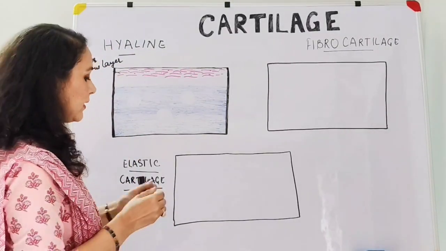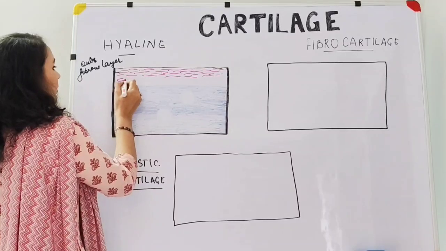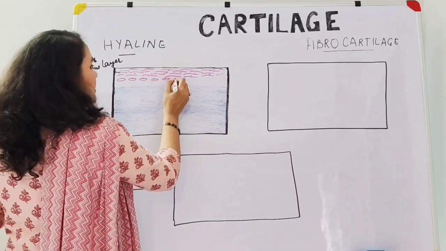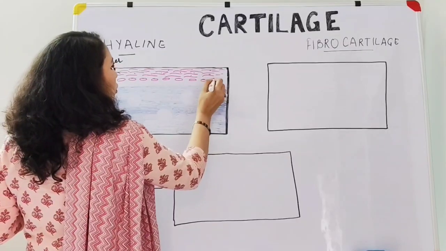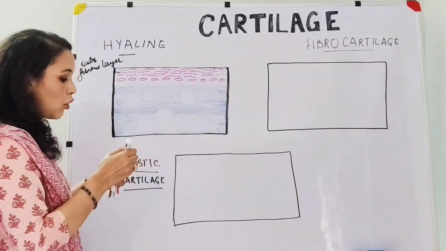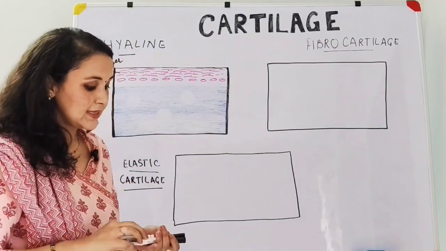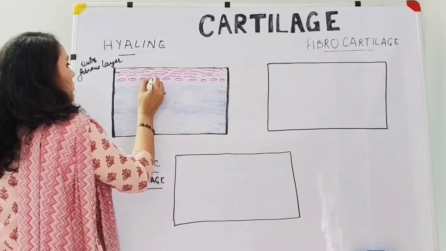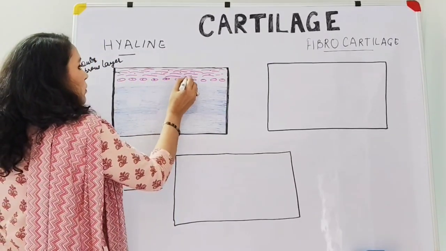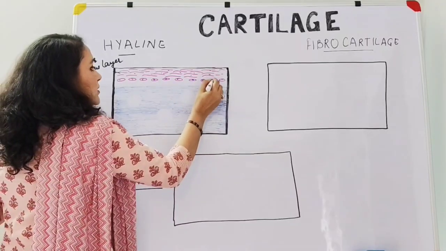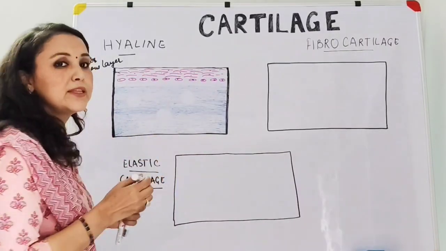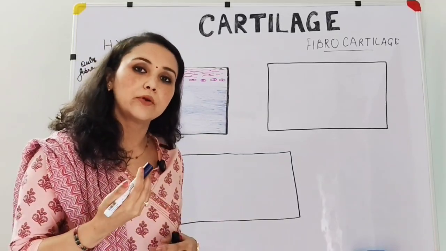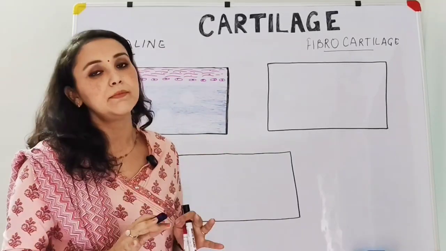Then we come to the inner cellular layer. As we already discussed, the inner cellular layer is made up of the chondrogenic cells. Chondrogenic cells means when required they can transform into chondroblasts, which can lay down the cartilage, and when they mature enough those cells are changed into chondrocytes and they get embedded in the matrix.